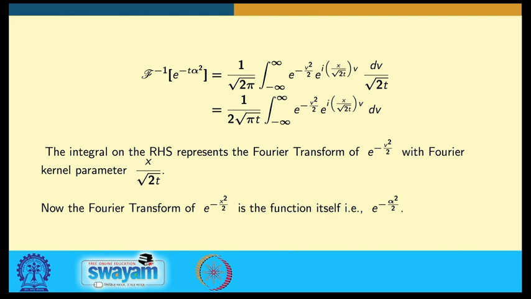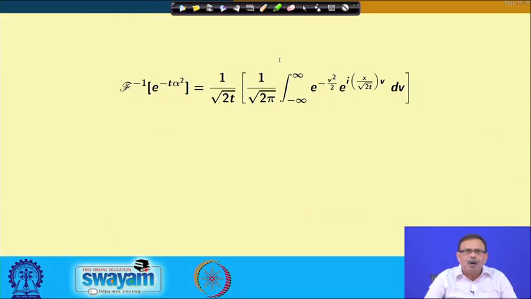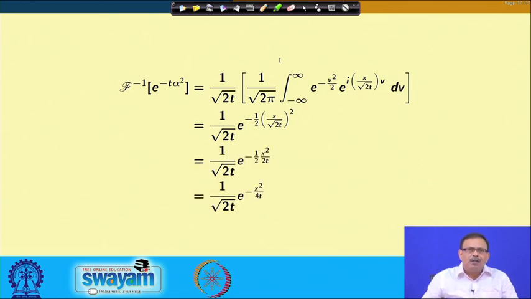Also, I know the Fourier transform of e power minus x square by 2 is the function itself, that is e power minus alpha square by 2. Using this property I am rewriting and finding the Fourier transform. It becomes 1 by root 2 t into e power minus half into x by root 2 t whole square, and if I simplify, ultimately I obtain the result 1 by root 2 t into e power minus x square by 4 t.